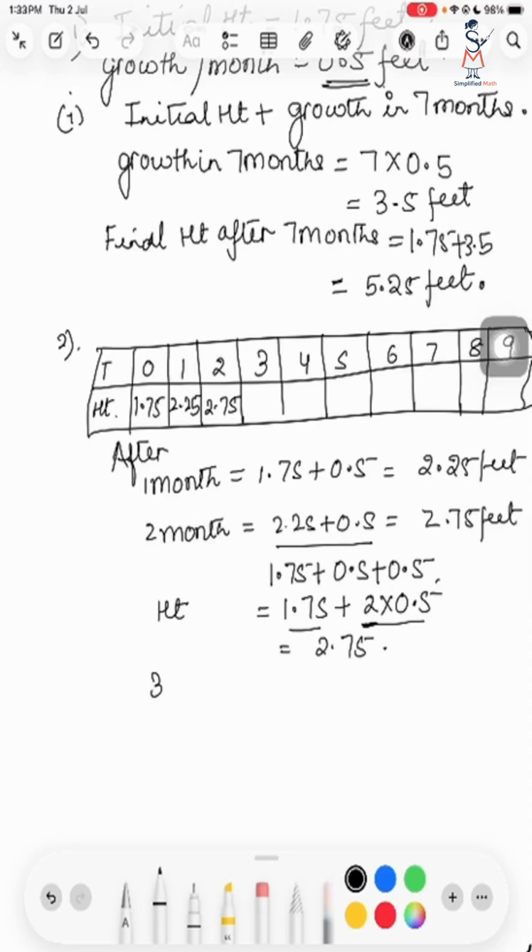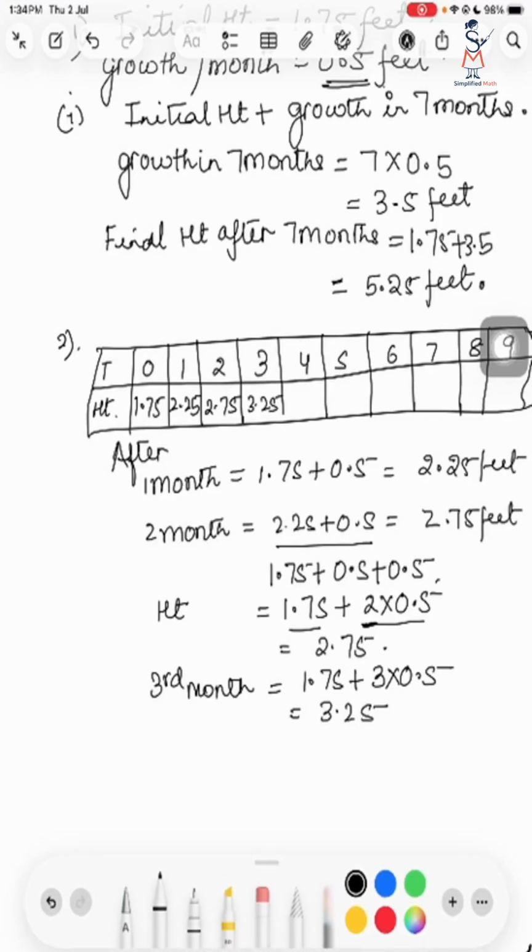Again, for third month, what we can write? Same way, it will be 1.75 plus, in 3 months, 3 times 0.5 it will increase. So 1.75 plus 3 into 0.5, that will become 3.25. So this is 3.25.